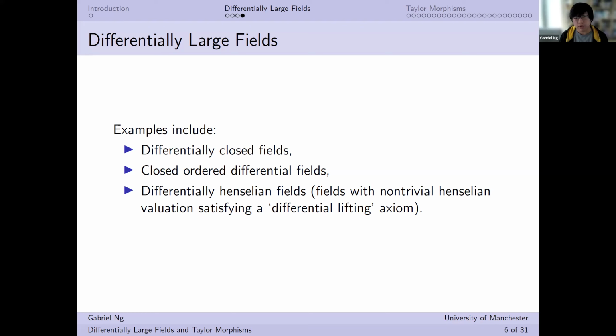And these differentially Henselian fields are fields with non-trivial Henselian valuations with a generic derivation in the sense of Kubinès, Kovacic, and Point. And many others. So you can have things like pseudo differentially closed fields, which are the analog of PAC fields, etc.